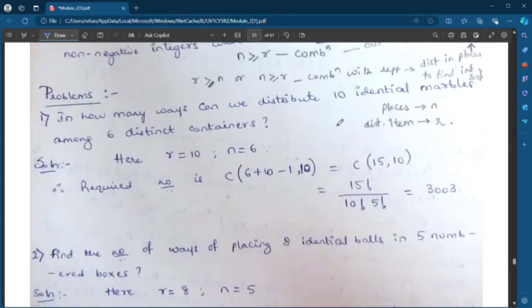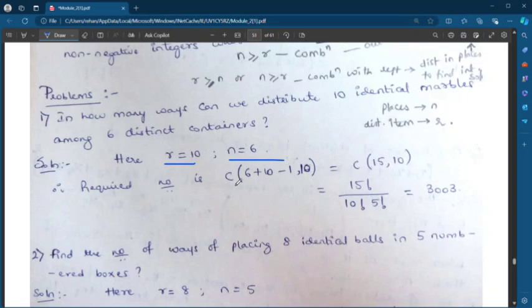In how many ways can we distribute 10 identical marbles among 6 distinct containers? Marbles are 10, all are the same, but there are 6 containers and each container is distinct. So here, 10 identical marbles, which is repeating, is my R, that is 10. The distinct number is 6, so n is 6.